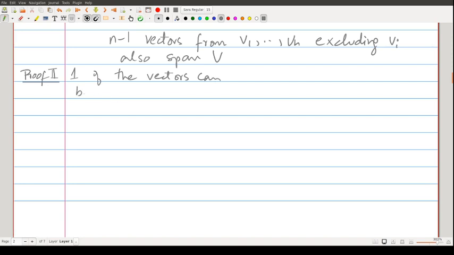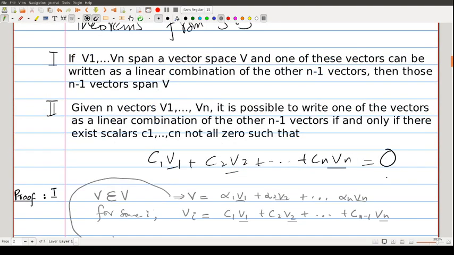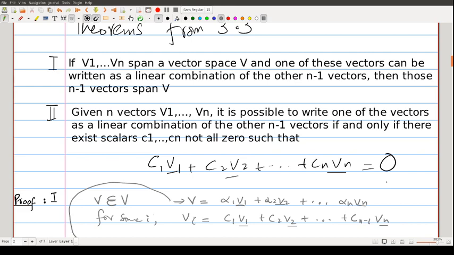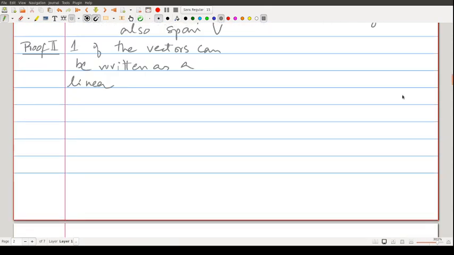can be written as a linear combination, or rather as a unique linear combination of the other n minus 1 vectors.